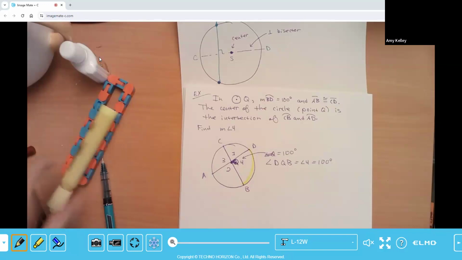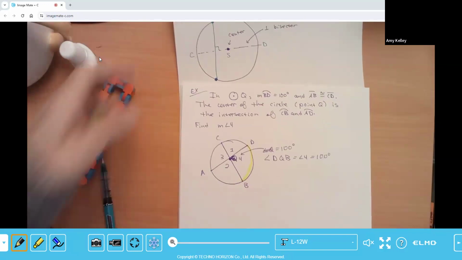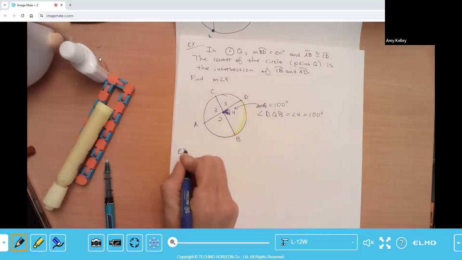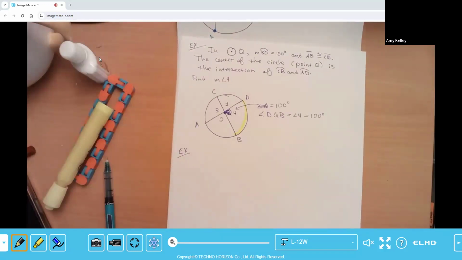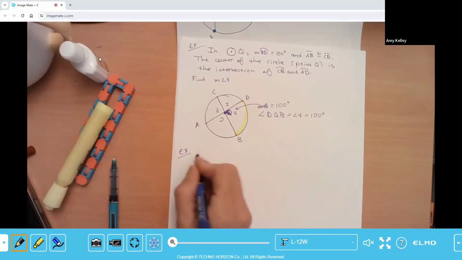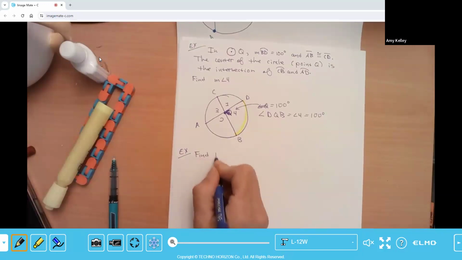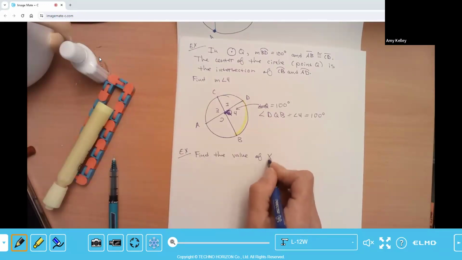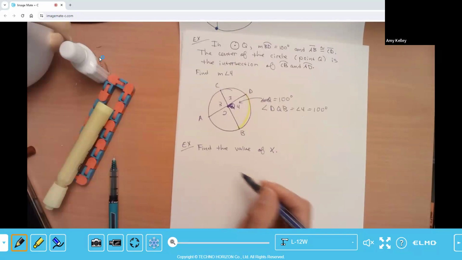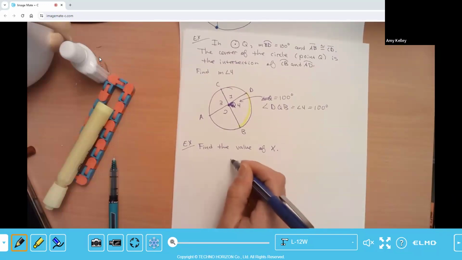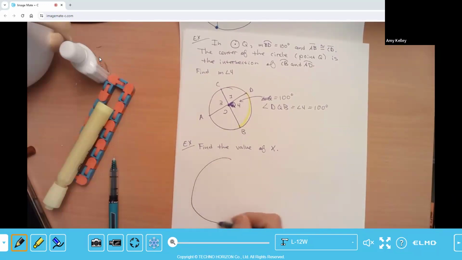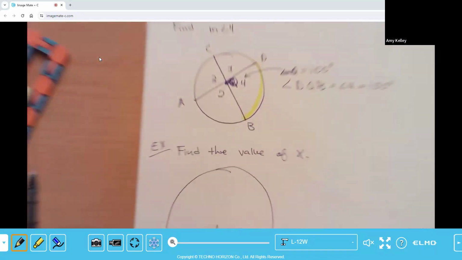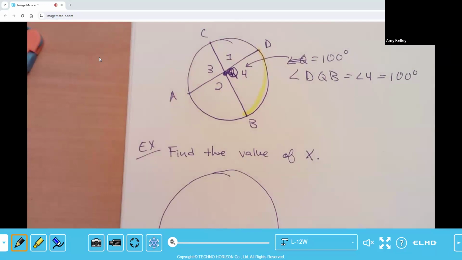Okay, the next one's a little harder. For this next one, we're going to solve for x. Let point O be at the center.